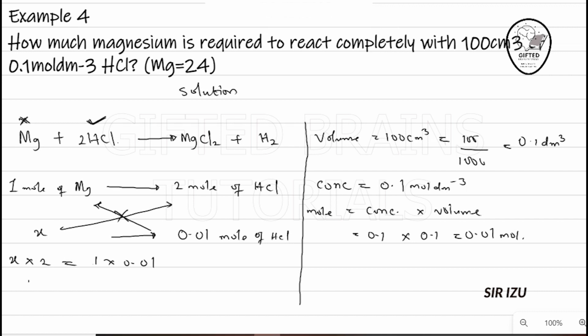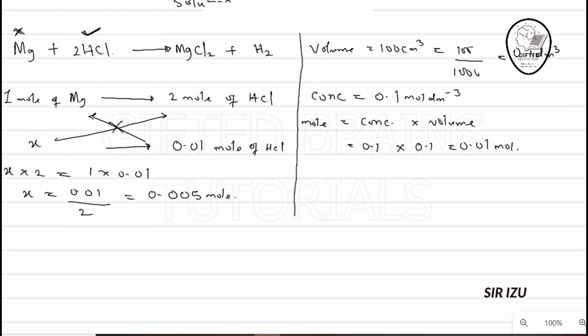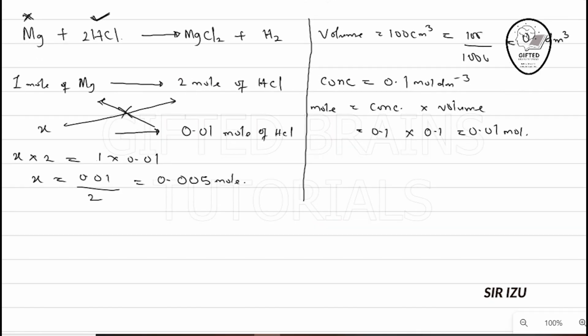So X is equal to 0.01 over 2, which gives us 0.005 mole. And so I can say the mole of magnesium is 0.005 mole.